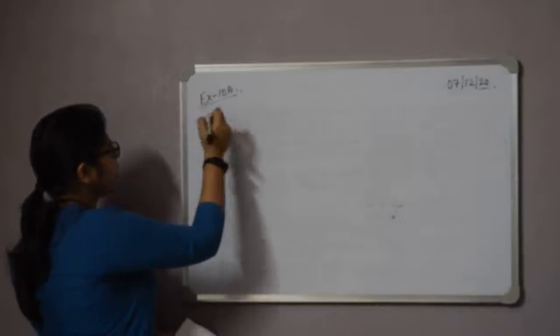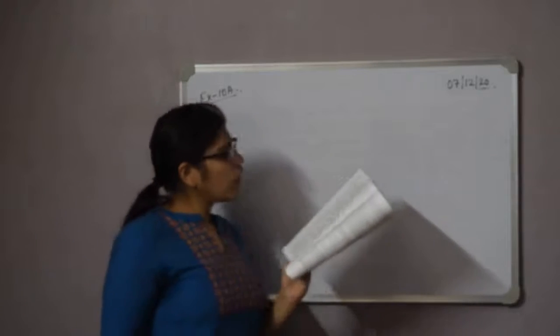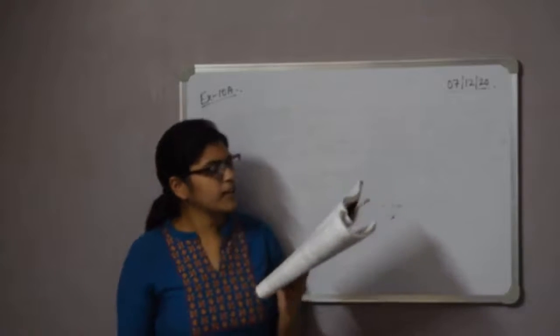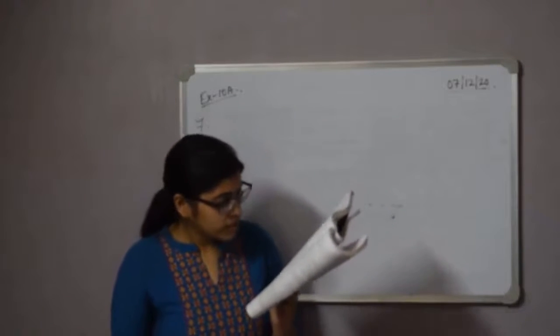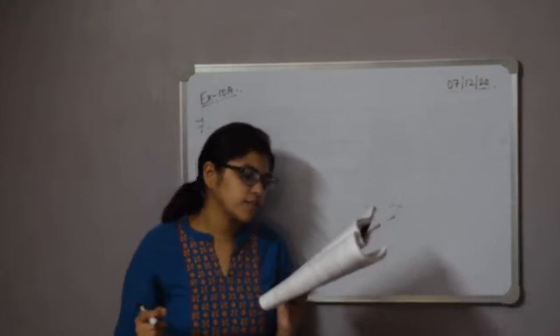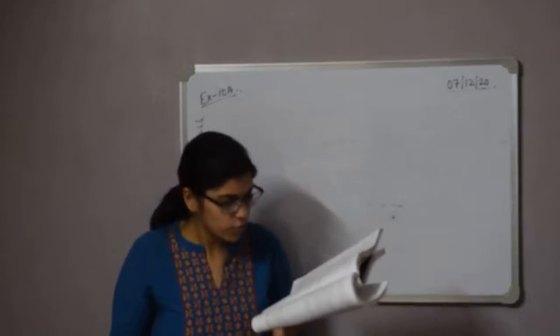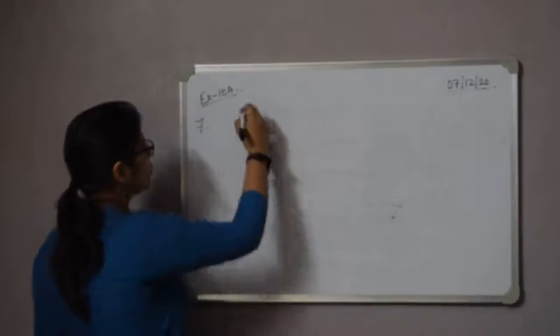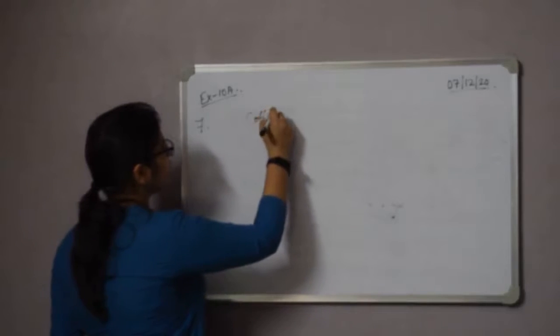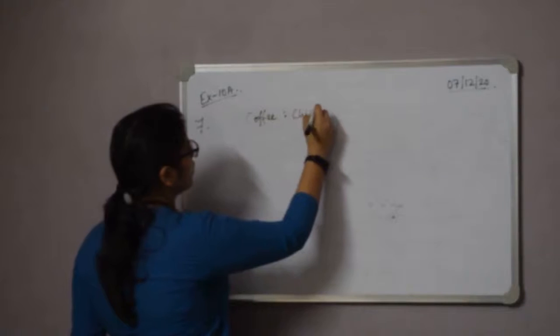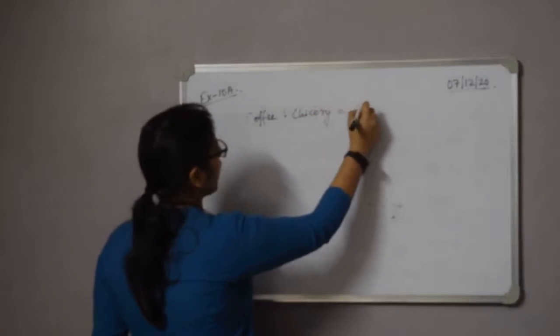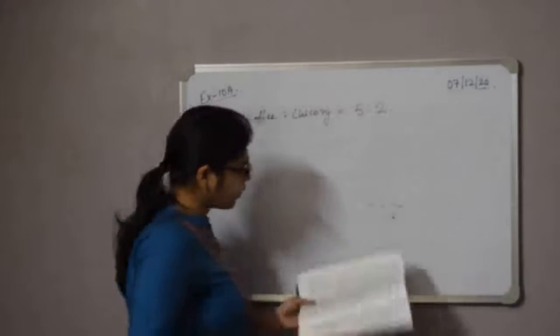Sum number 7 says coffee costing rupees 250 per kg was mixed with chicory costing rupees 45 per kg in the ratio 5:2. So the ratio of coffee and chicory is 5:2.